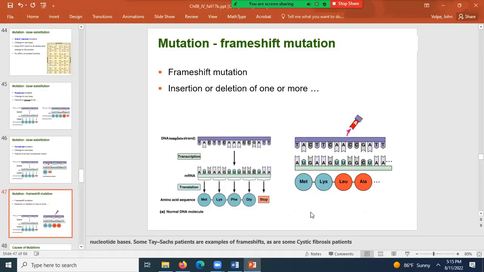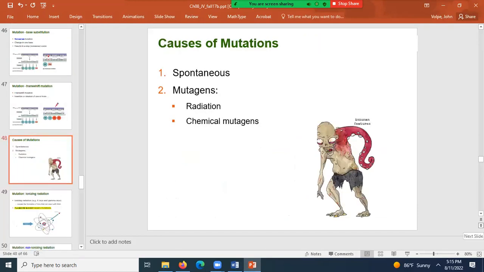Some examples of a frame shift mutation are some Tay-Sachs patients. All right, any questions about the different types of mutations?